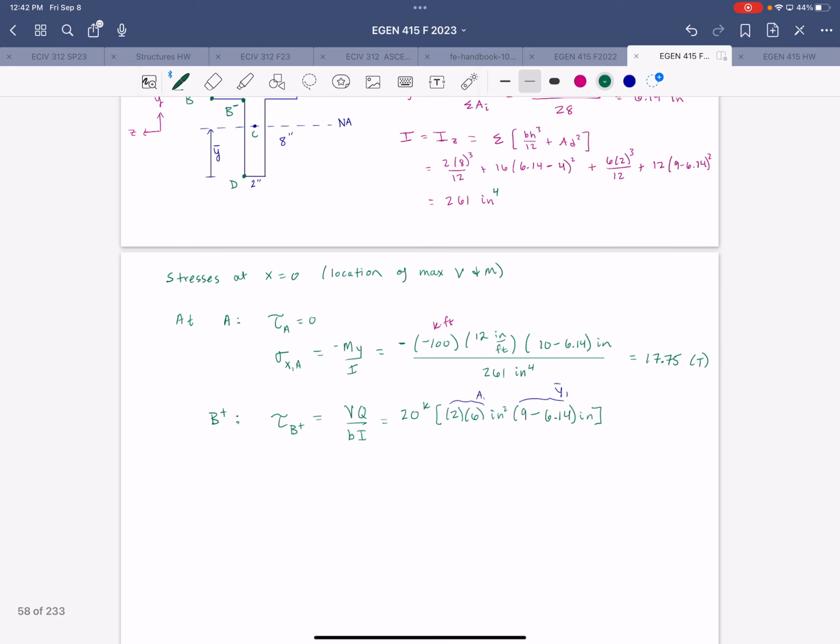So that takes care of the numerator. In the denominator, we have the width of the flange, which is 6 inches, and our 261 inches to the 4th. This comes out to 0.44 ksi.